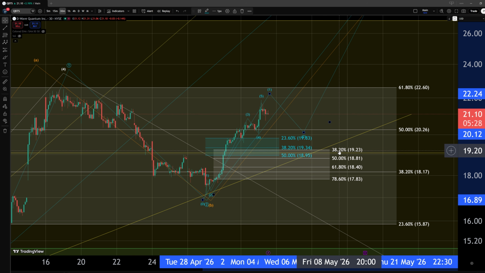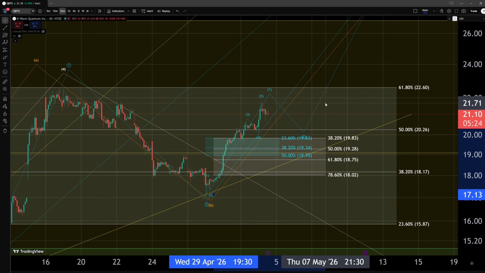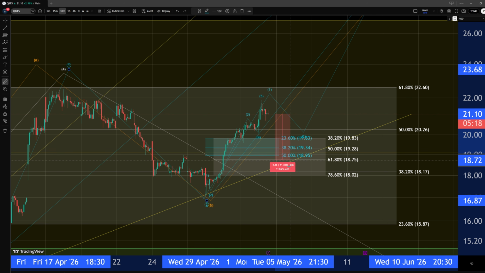I would be able to look based on the support levels I have on this chart for a descent as low as the 78.6% retracement from the current levels, and only with a sustained break below that would I be able to get my indication that this structure is rather going to fail. So I could be looking at a 15% drop before I would have a strong signal that this structure would be failing.